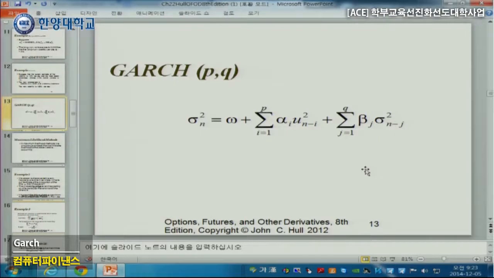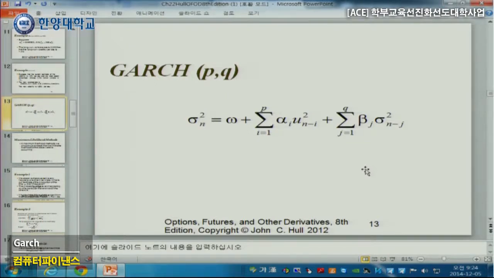We can use a GARCH model to estimate the volatility, plug that value into, for example, our option model, and calculate option prices. So that's done. The last question is how we can estimate omega, alpha, and beta.